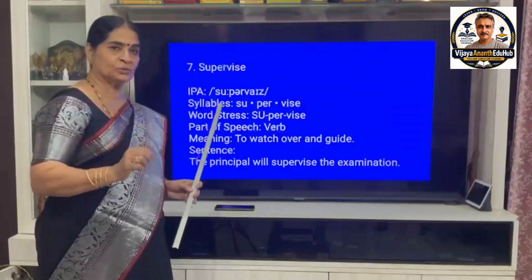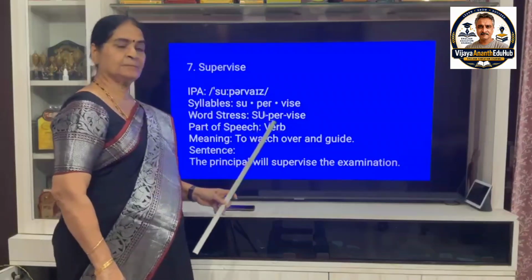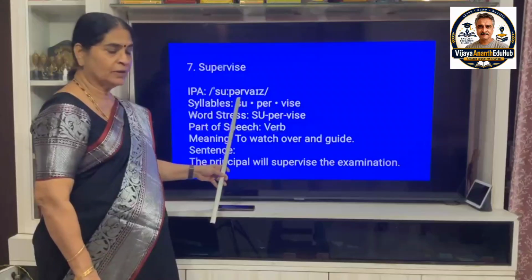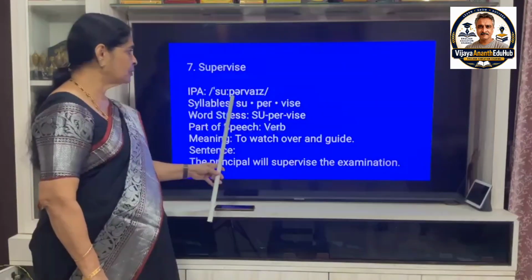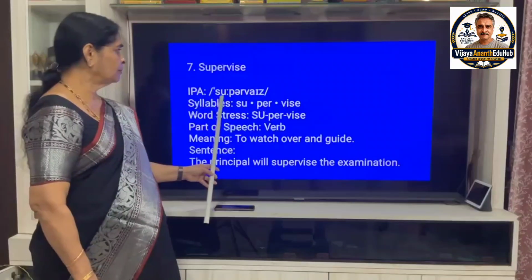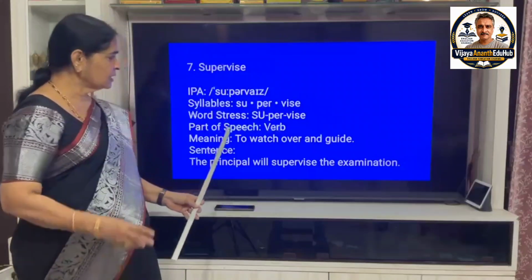It's not just su. Supervise. It's a short vowel, schwa vowel. So 1st vowel, 2nd vowel, 3rd vowel. Syllables are 3.